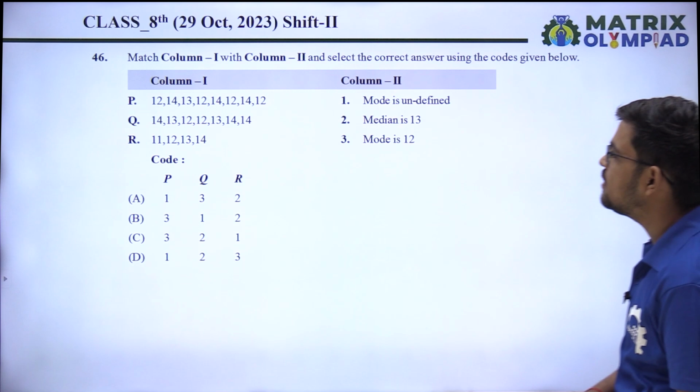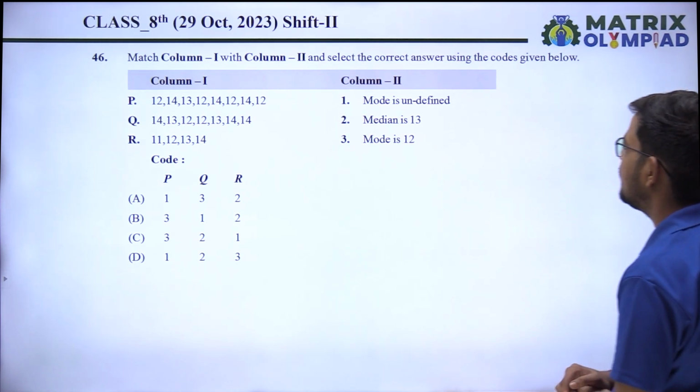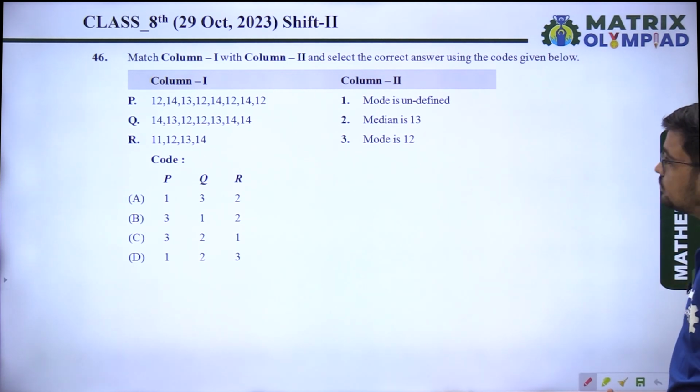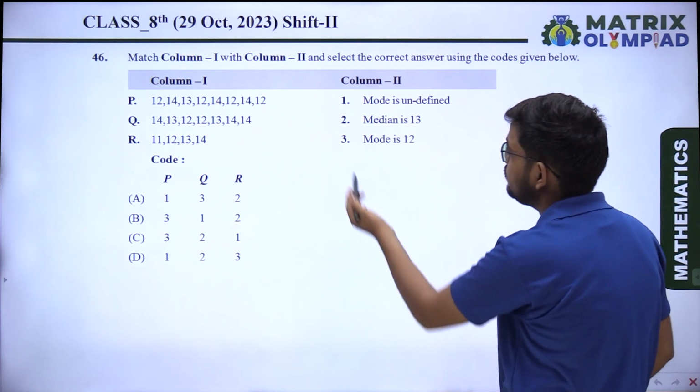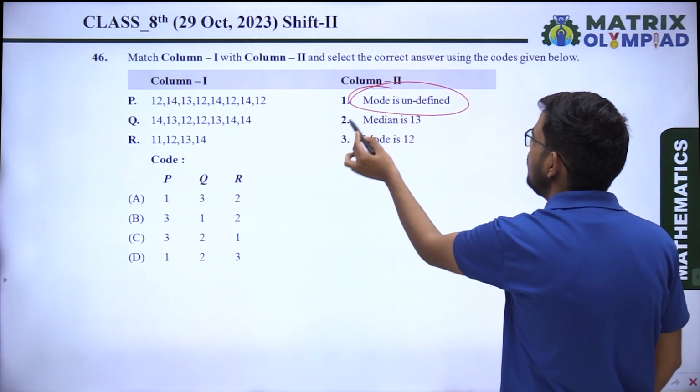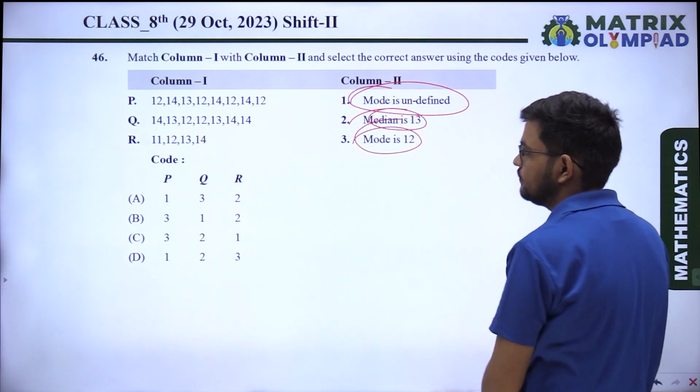Next question, match column first with column second and select the correct answer using the codes given below. Okay. In the column second, when you notice, we require two things: median and mode.